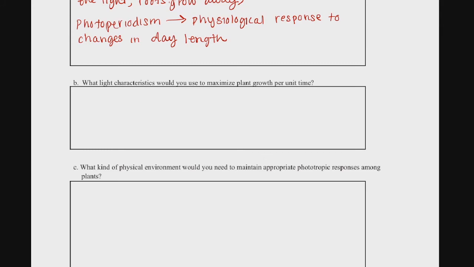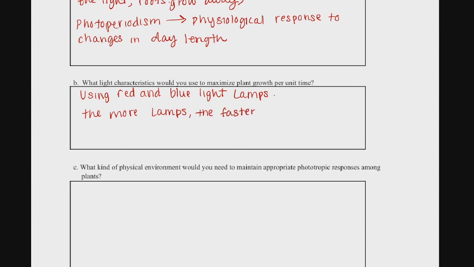And so if there's no other limiting factors, we could maximize plant growth by using the red and blue light available. We'll just say lamps. And the more lamps you have of these red and blue lights, the faster the photosynthetic rate per unit time.